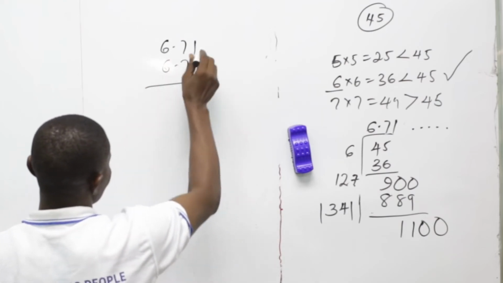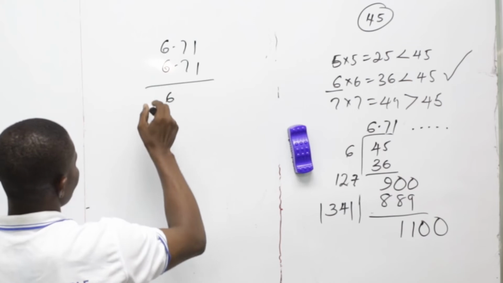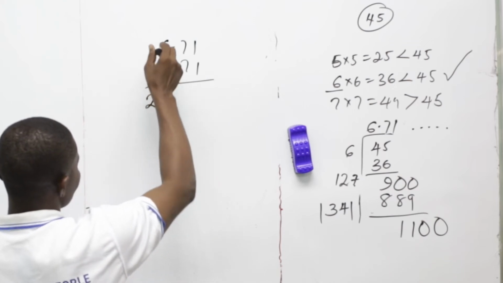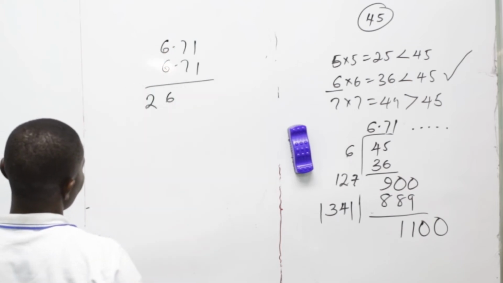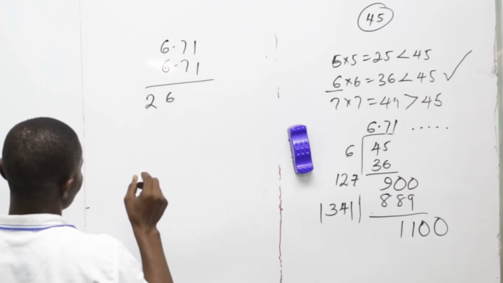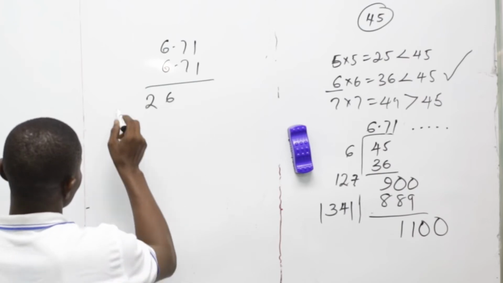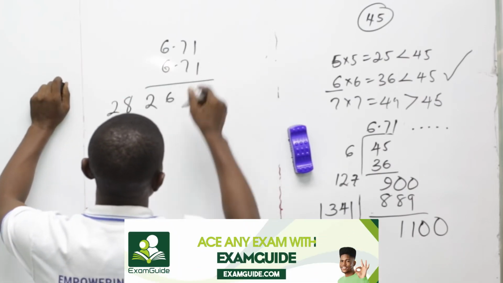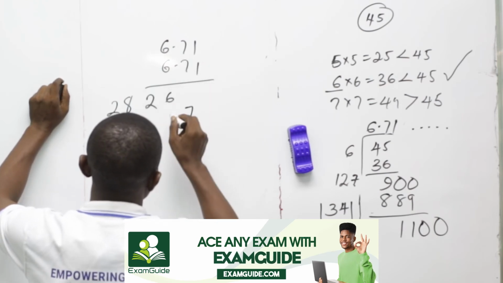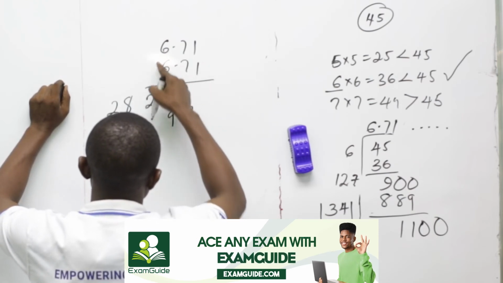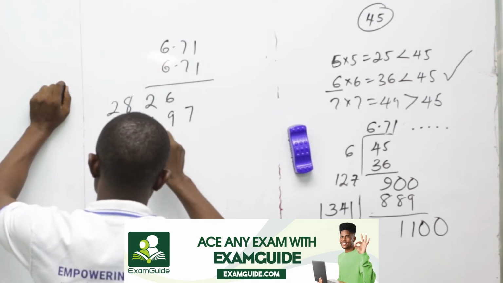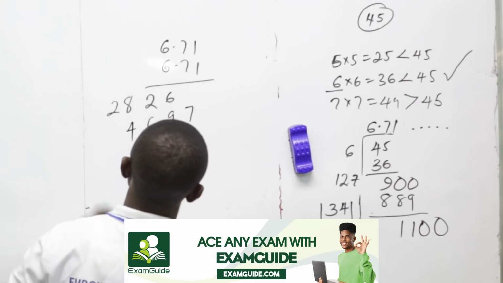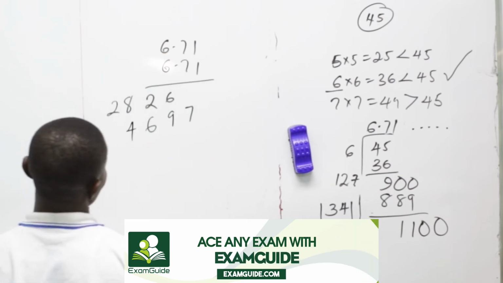This is 6. 42 carry 4. This is 24 plus 4. 28. This will now go. This is 7. This is 49. Carry 4. This is 42. 46. Okay. 46.